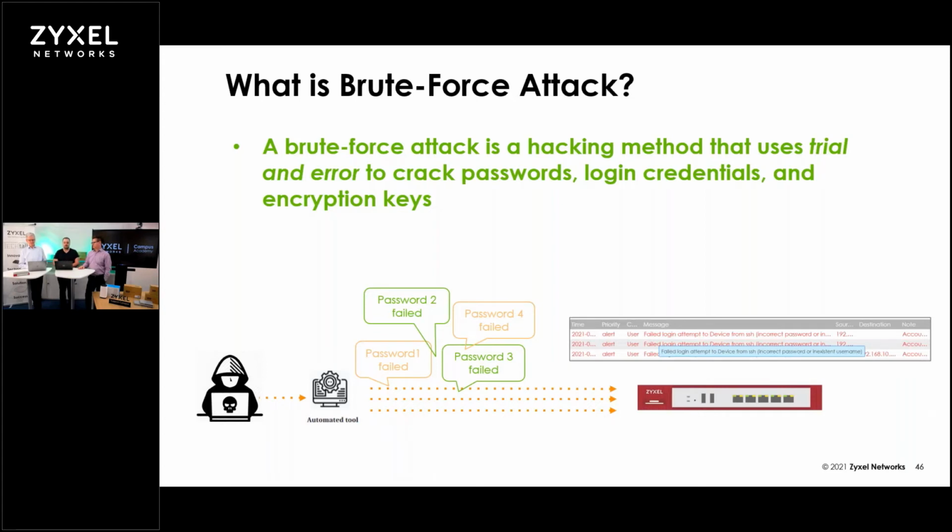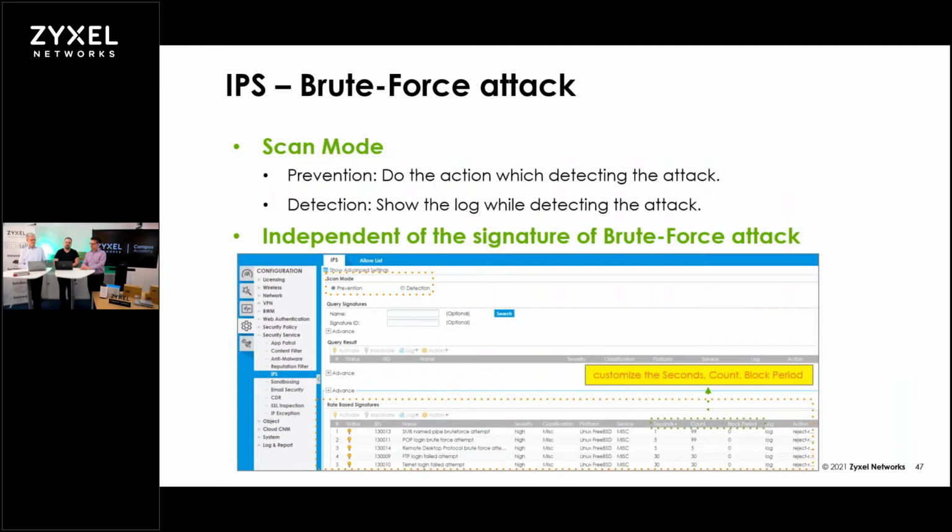It could spam the log of the firewall and also decrease the performance if there is too much of this hacker activity ongoing. With the IPS brute force attack, you can now have a few signatures which are controlling the logins. And you can customize this, so you can in the end say, someone who wants to log into my device is only allowed to do it 4 times from one IP address.